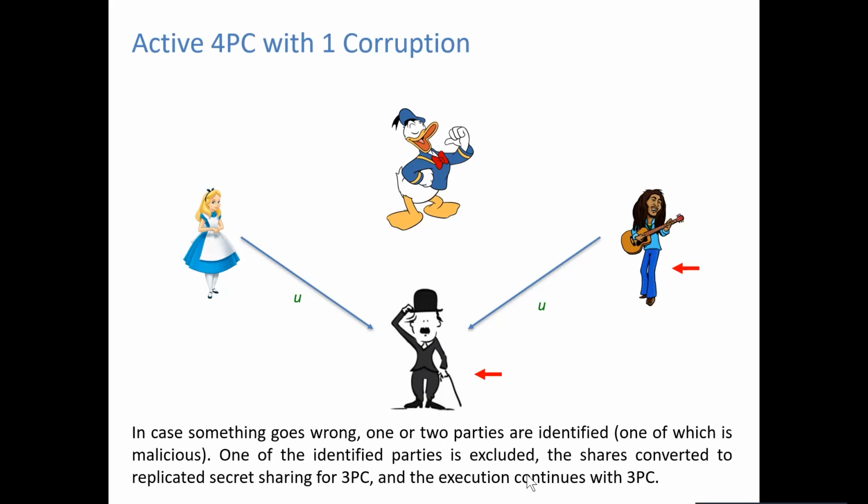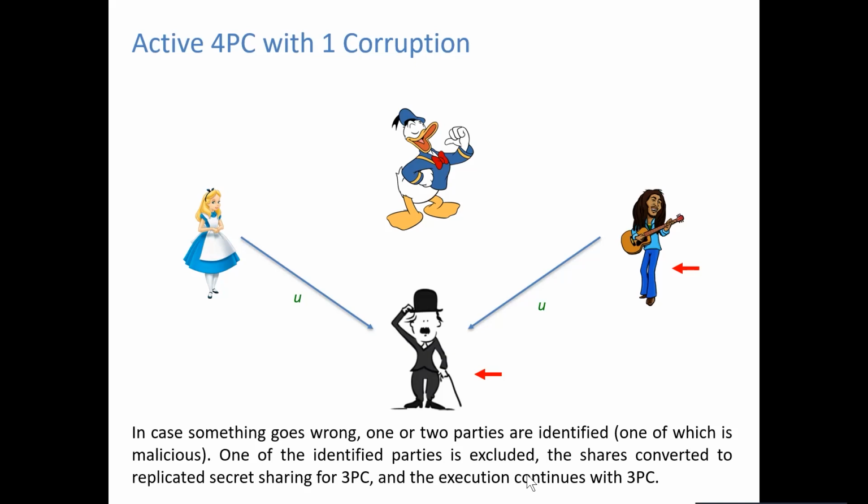But there is a nice property here that was developed in this Fantastic Four protocol. If there is some problem in this message passing, let's say Alice sends one value and Bob sends a different value, and they pretend that they are sending the same value, essentially there is a detection mechanism that allows you to pinpoint 2 parties, and out of these 2 parties, one of them is the corrupt one.